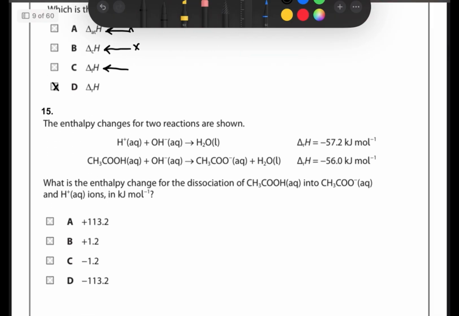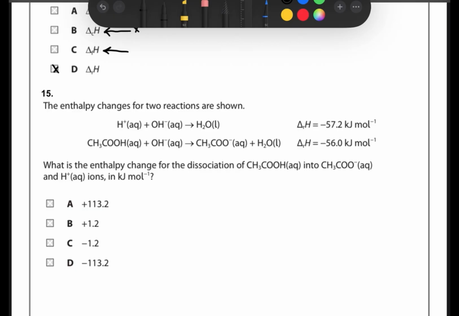Now let's jump to question 15. Question 15 indicates Hess's law, like the Hess's law principle. It could be solved by equations and it could be solved by cycles. Now we're going to apply the equation first. How can we solve this question? Now let's read this question carefully and see.